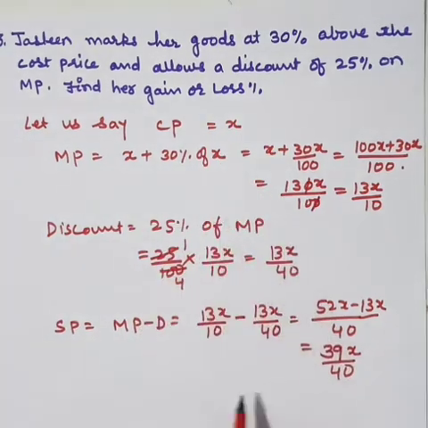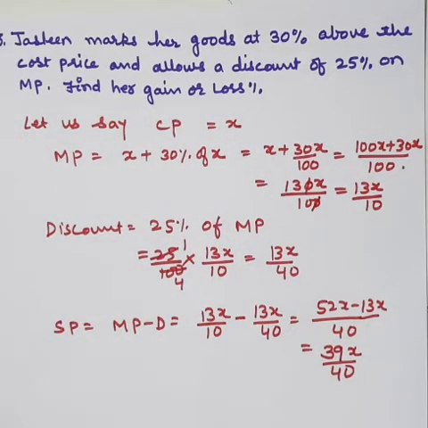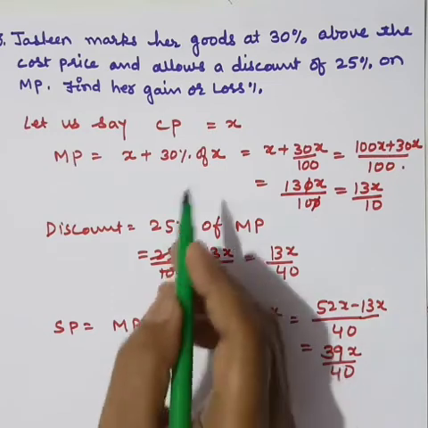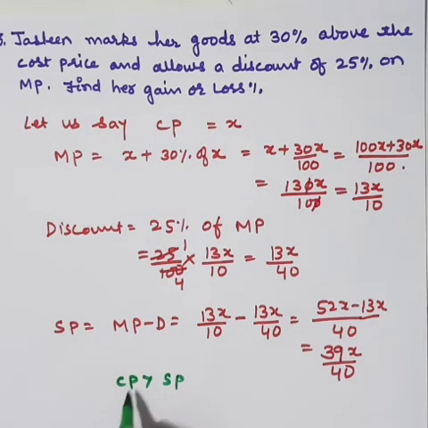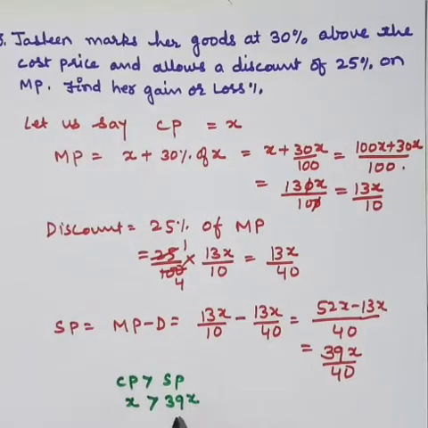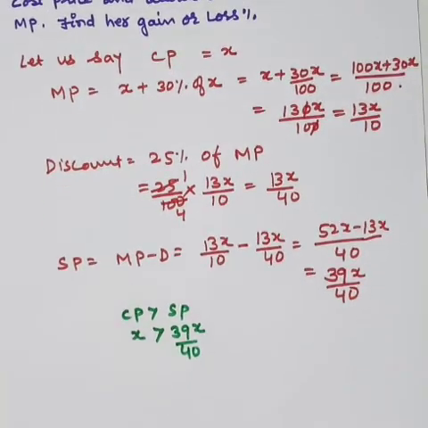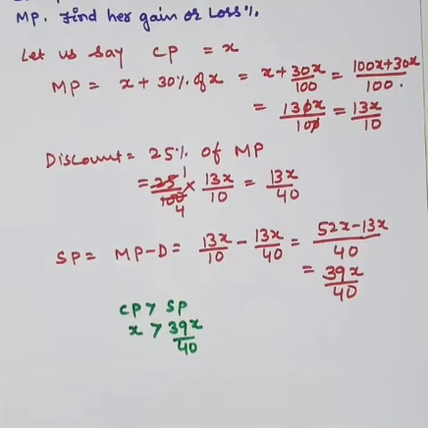CP is equal to x and SP is equal to 39x by 40. So beta, x is greater than 39x by 40. CP is greater than SP. So what you can say? You can say that there is a loss in this transaction.